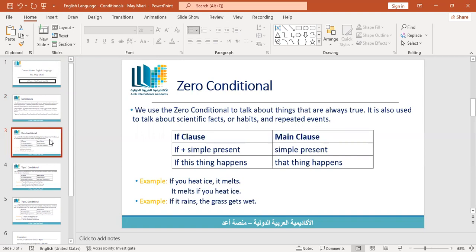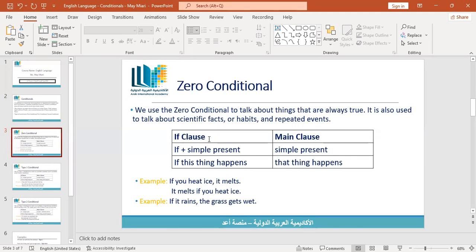If we start the sentence with the if clause, we have to add a comma after it and then add the main clause. Now, if we are talking about the zero conditional type, we have to know which tense should be used in both clauses.